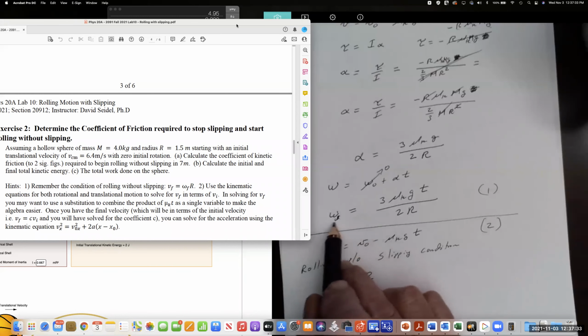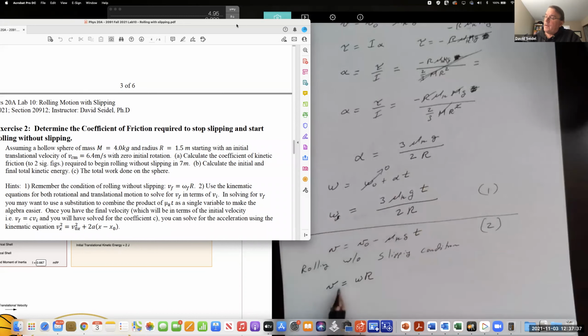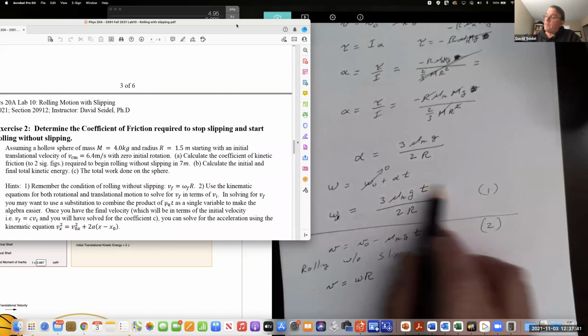But look what my final condition is when I have omega final. This is what we're looking for: when V equals omega R, that's my omega final.